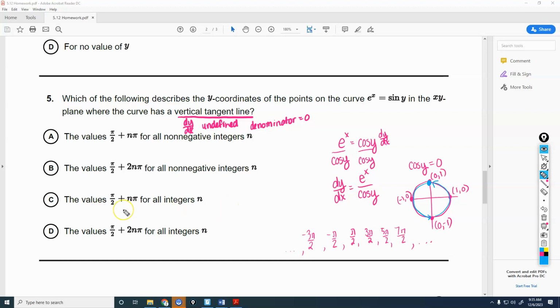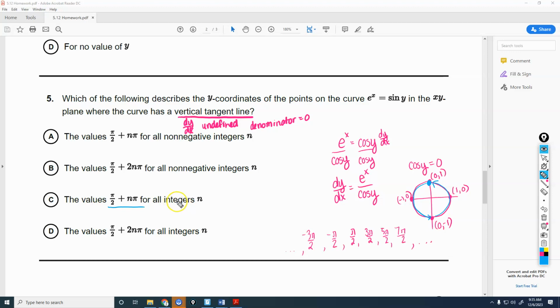So I originally had this as my answer, pi over 2 plus n pi, which just means you can add pi an infinite number of times, or in this case, all integers. Integers can be positive or negative, so you could also subtract.